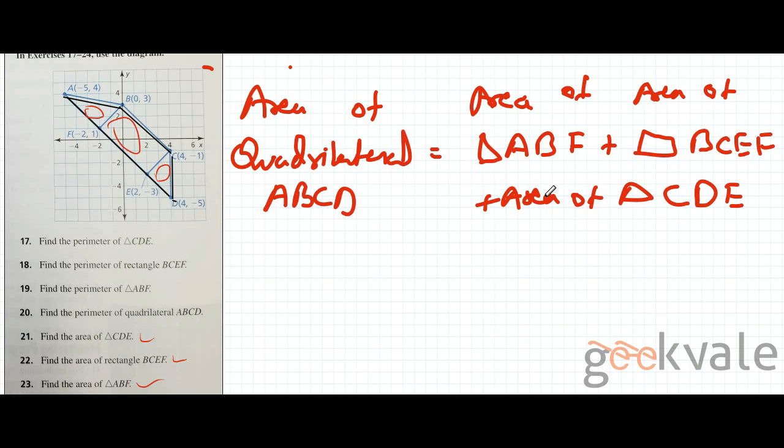Now all I need is these three things, and then I can plug them in here to get the area of my quadrilateral ABCD. First, I need the formula for the area of the triangle.